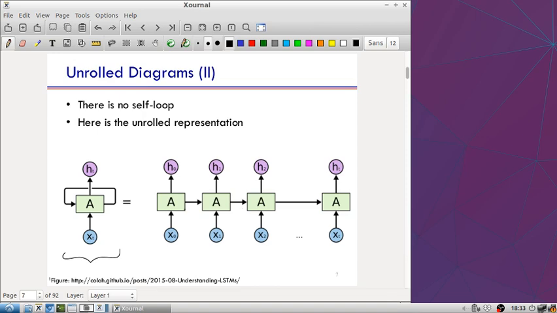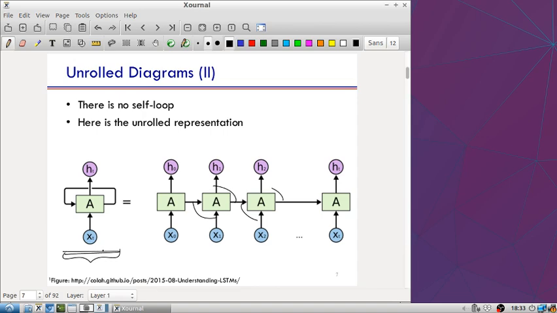Okay, so A still has 2 outputs and 2 inputs at any given point in time. So this is the unrolled version of this diagram.